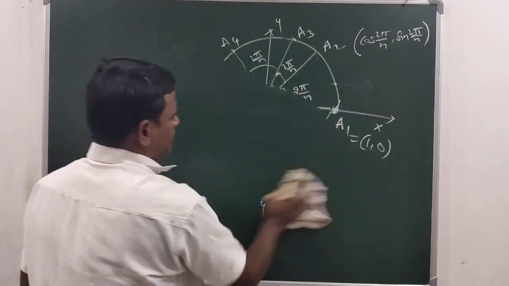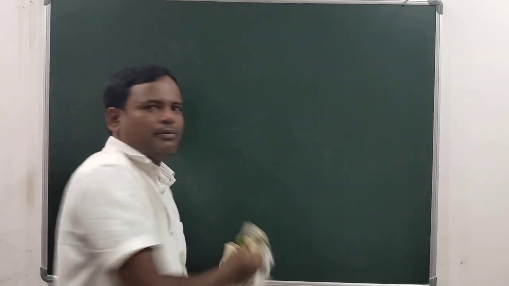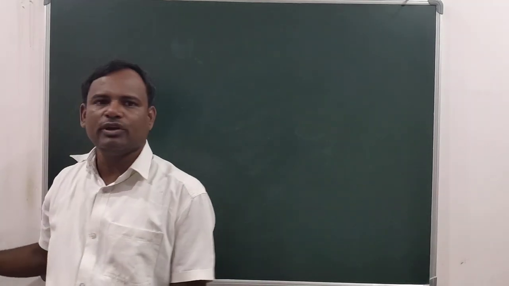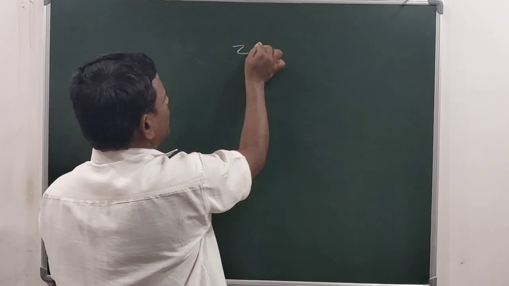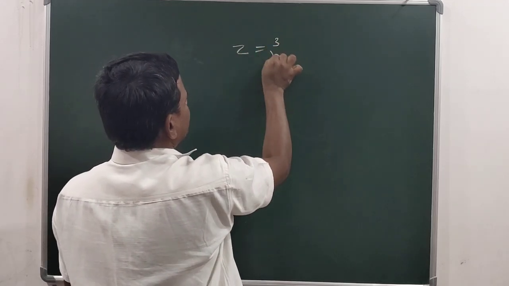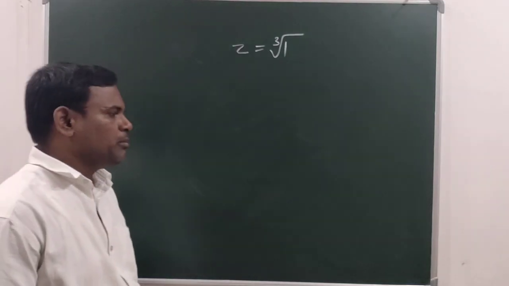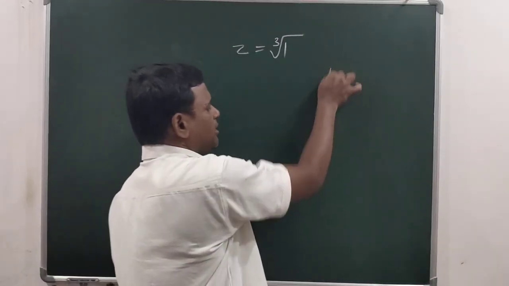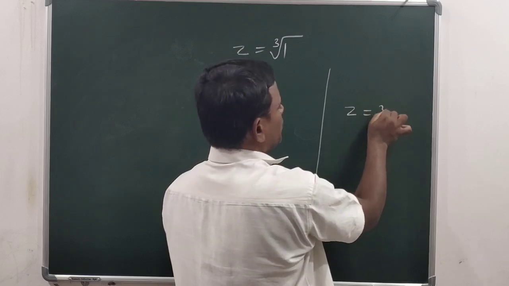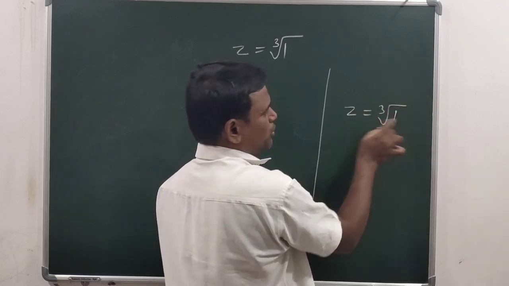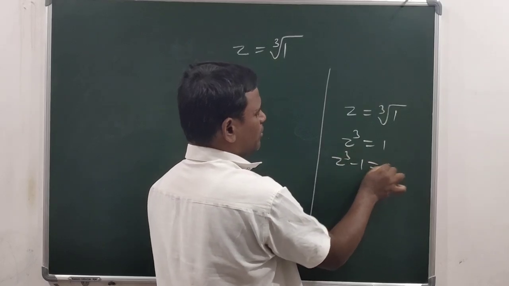Now let us find the cube roots of unity by this nth root of unity formula. What I am asking you is to find the cube roots of unity. In my previous classes I taught you cube roots of unity like this. For the cube root of 1, I used to take the cube on both sides: z cube minus 1 equal to 0.